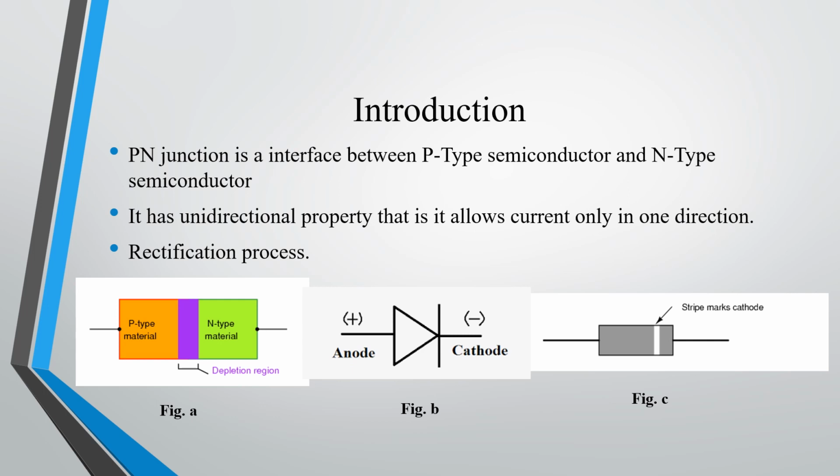This PN junction diode has a unidirectional property, that is, it allows current only in one direction. So we can say that a PN junction diode is a two-terminal device with unidirectional property. From the name unidirectional, we can say that it allows current only in one direction. Hope everyone is clear on what a PN junction diode is and how it is formed.